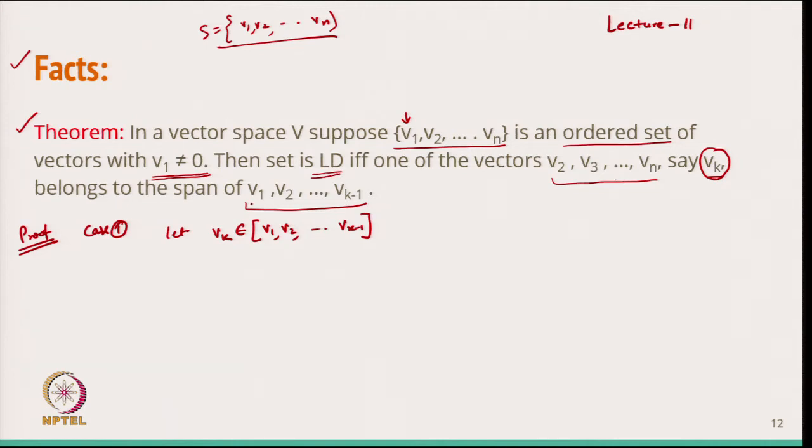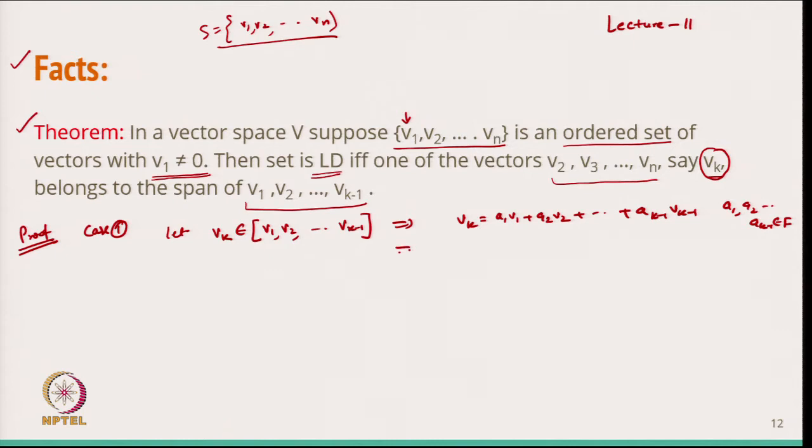From here it implies that I can write Vk as A1 V1 plus A2 V2 up to Ak minus 1 Vk minus 1, for scalars A1, A2 up to Ak minus 1 belonging to the field.